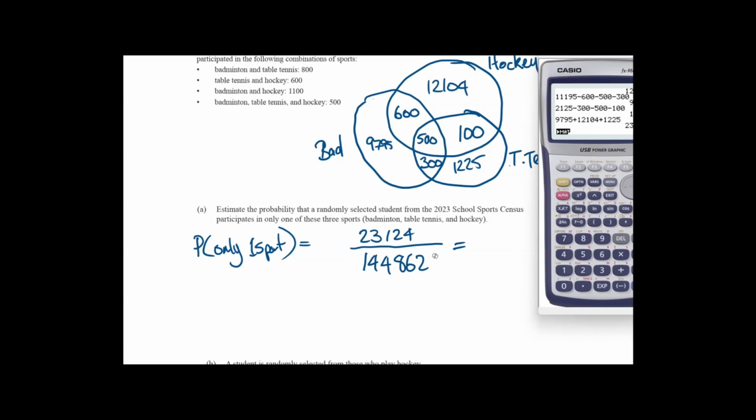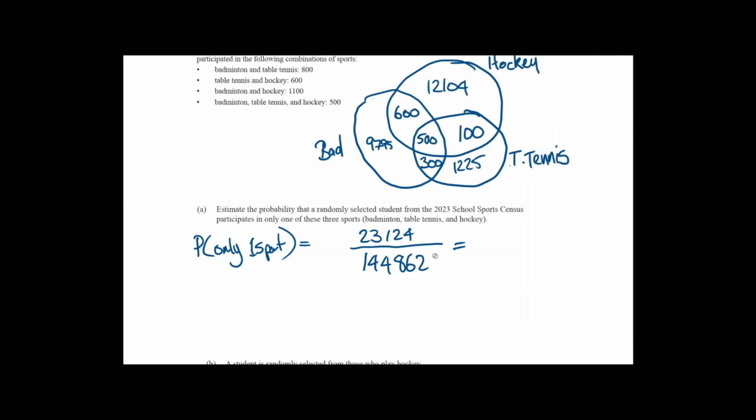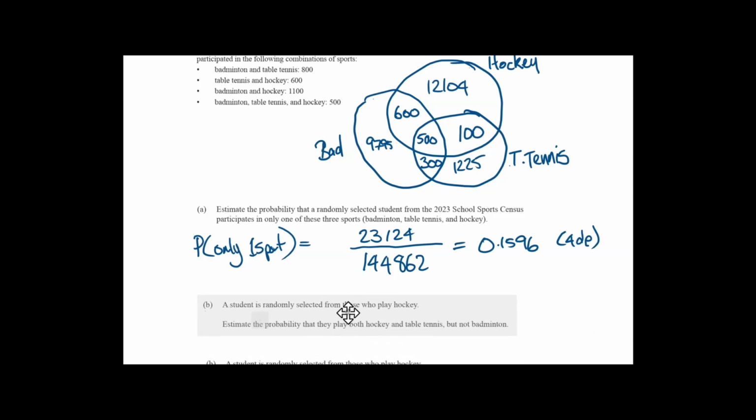Now we can divide it by 144862. I'm going to do a hard and fast rule for this exam: I'm going to go 4DP every video. So 0.1596. They don't want it in percentages, do they? No, they just want it as a decimal. Okay. Very good.